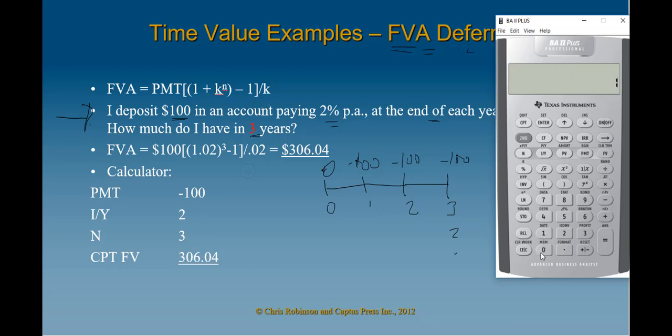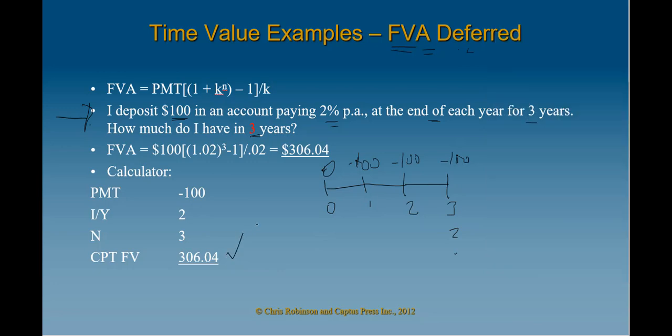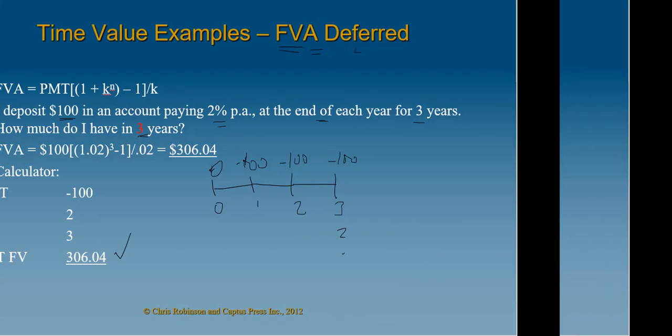The payment is going to be $100, and I'm making that a negative because it's out of my pocket. We know the interest rate is 2%, so 2 IY, and it's for 3 years, so 3N. And then simply we're going to compute the future value, and we've got 306.04, and that's the correct answer there, 306.04.